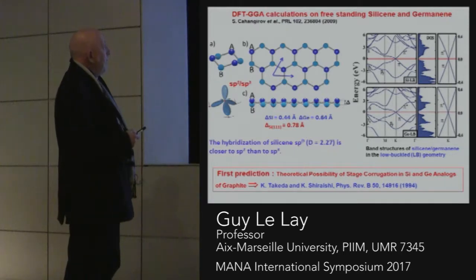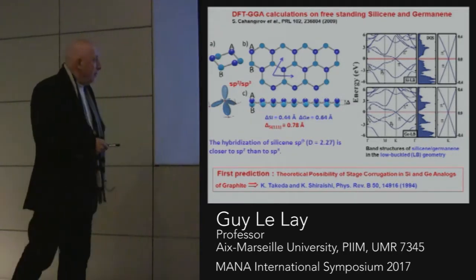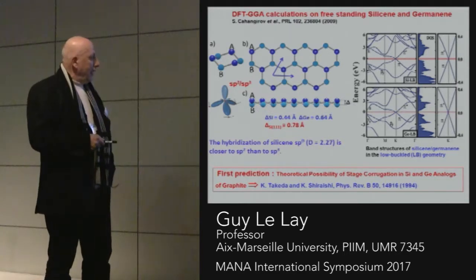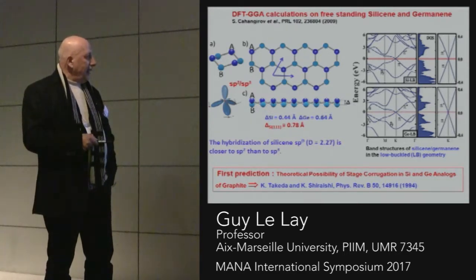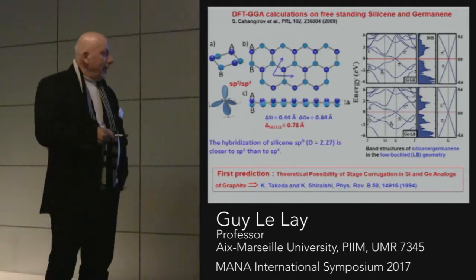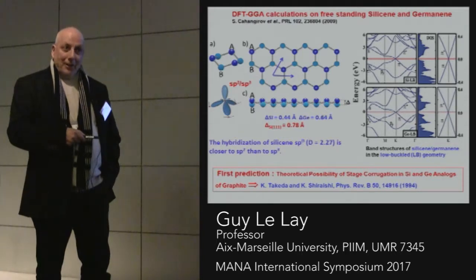So these are materials which do not exist and have to be made, but from theory, and theory started here in Tsukuba by Takeda-san and Shiraishi-san. They were here in Tsukuba when they wrote this paper, already 10 years before the advent of graphene.